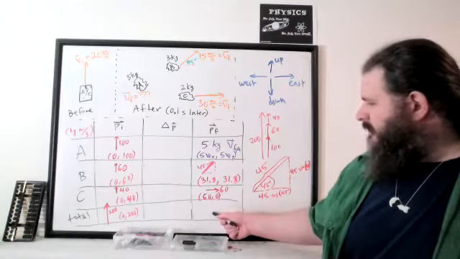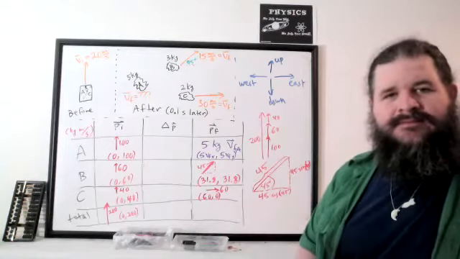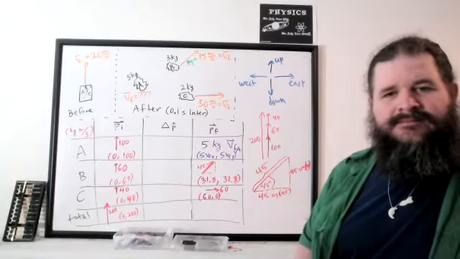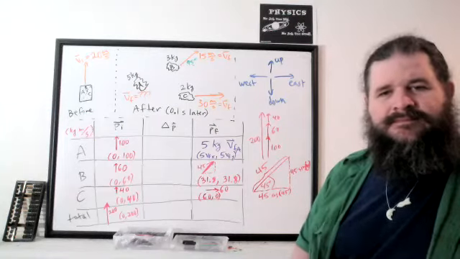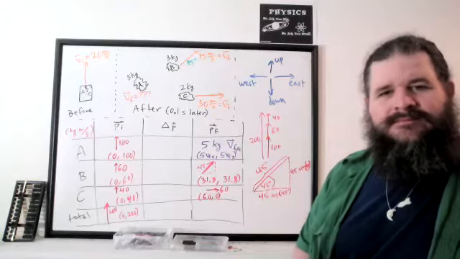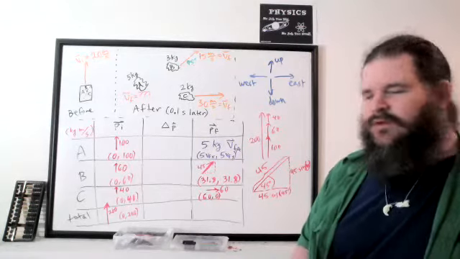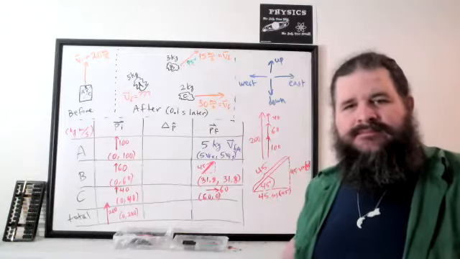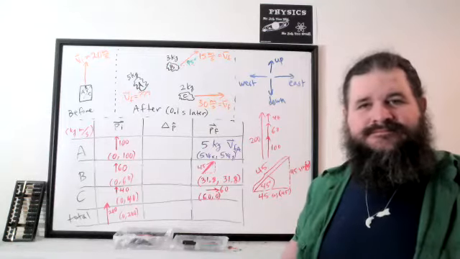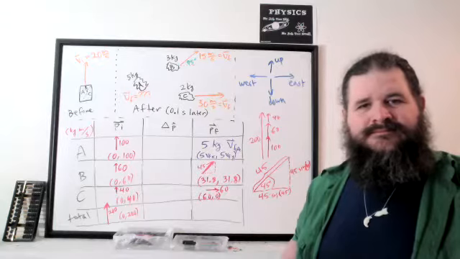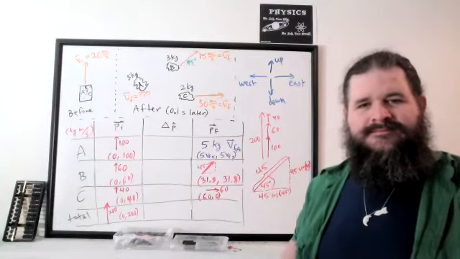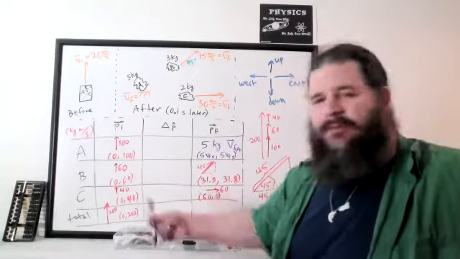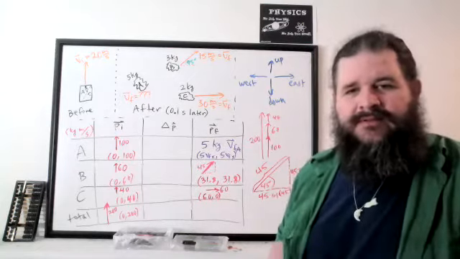Total final momentum. And what do we know about that? What should we usually assume about the final total momentum? It should equal the initial total momentum under what circumstances?